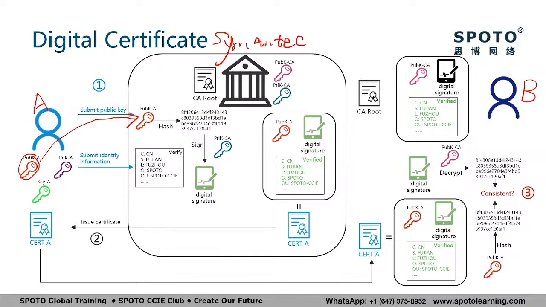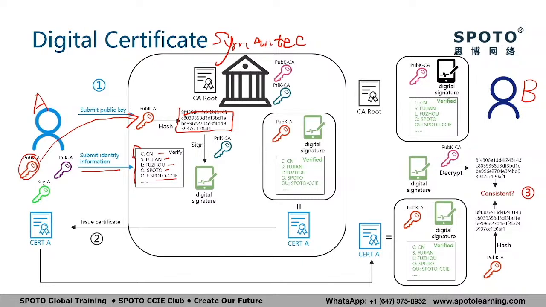Symantec, as the CA, uses a hash algorithm to calculate the public key and get the hash value. In the meanwhile, user A submits identity information, like the information shown here. CN means China. Province is Fujian. City is Fuzhou. Organization is SPOTO. OU is SPOTO CCIE.